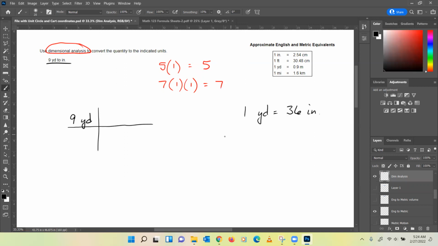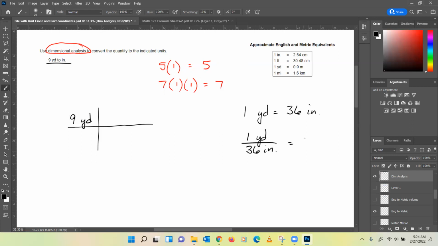And the question really is now, do I multiply or divide by 36? And that's one reason I really like this method, is it helps me know exactly what I need to do. So I'm going to multiply by a version of 1. Now, if those two are equal to each other, then I could put 1 yard divided by 36 inches.